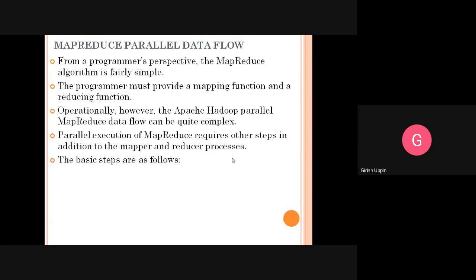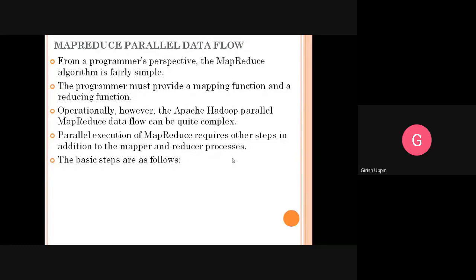Parallel execution of MapReduce requires other steps in addition to the mapper and the reducer processes. One thing we understood is that whenever we want to do MapReduce programming, we have to come up with a mapper function or process and a reducer process. Apart from these two, in the case of parallel execution, there are other things that are required.